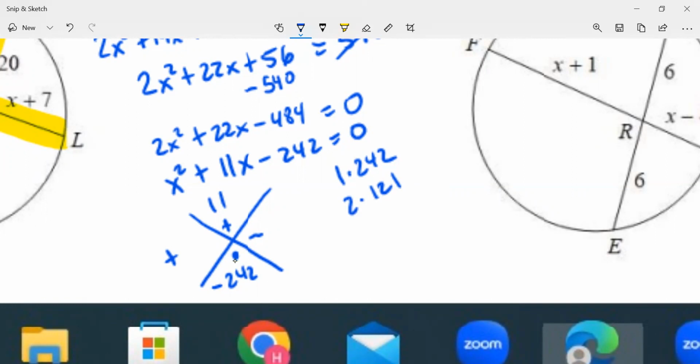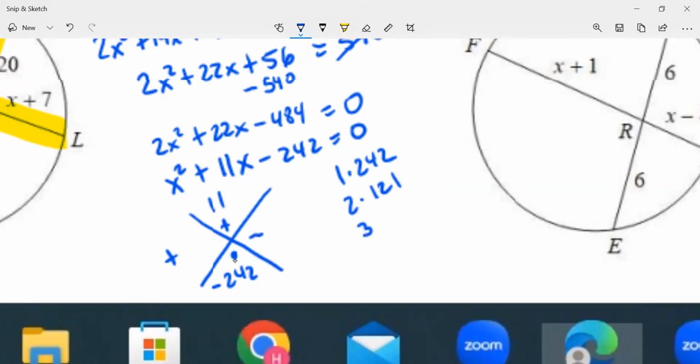How about 3? 3 times what? I want to help you guys figure it out. The way I came up with this product, I used division. 242 divided by 1 gave me that, 242 divided by 2 gave me that. Now 242 divided by 3 gives me a decimal, so 3 is not a factor.